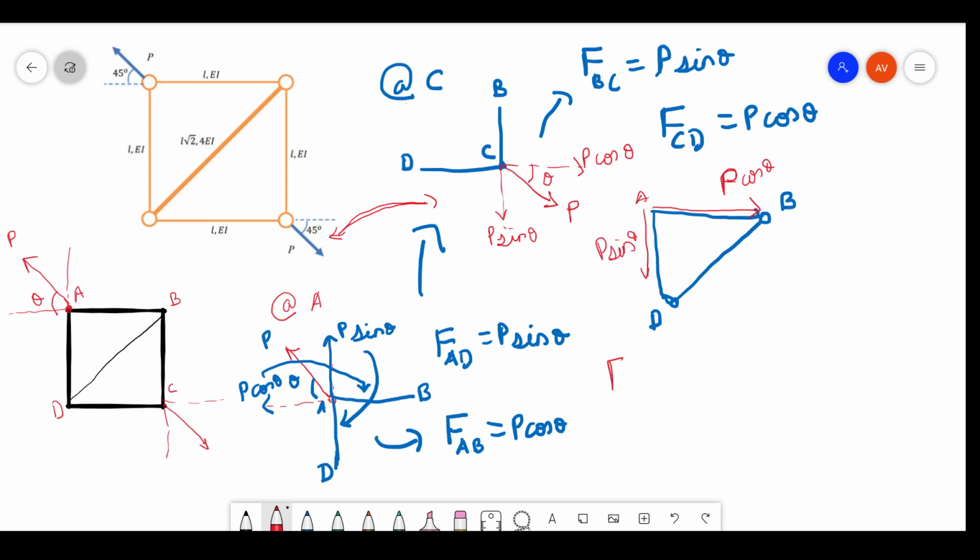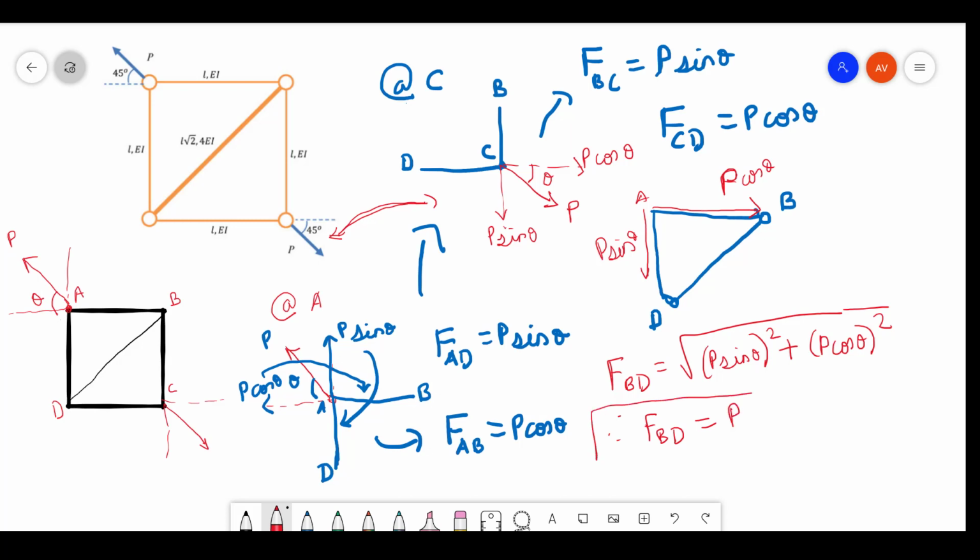So what is your FBD? That is the square root of P sin theta squared plus P cos theta squared, the resultant. When you solve this, the force acting on BD is actually P. This is the first point to be noted.